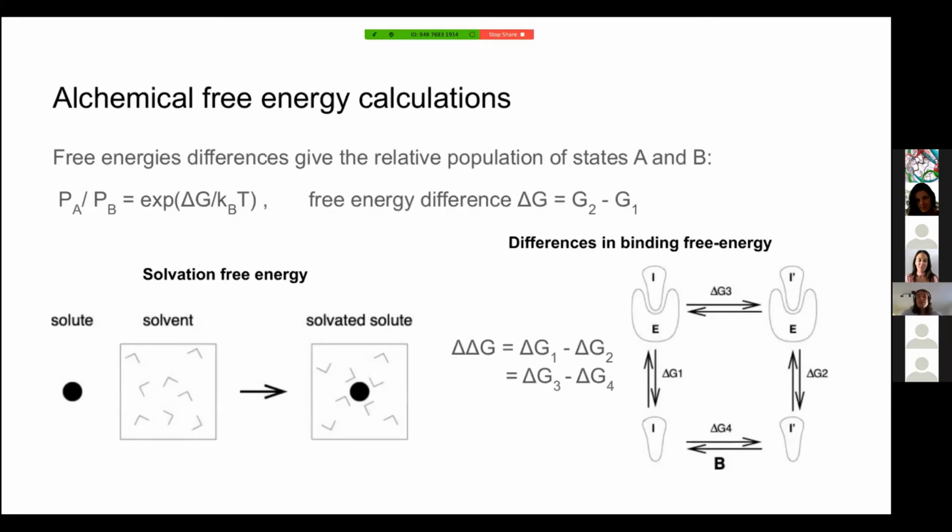You can't do it using mercury, but you can do it using a computer. You can just change the parameters of your system on the fly if you know what you're doing. This can be useful, for instance, for calculating solvation free energies, where you have a solute that you want to move into a solvent.